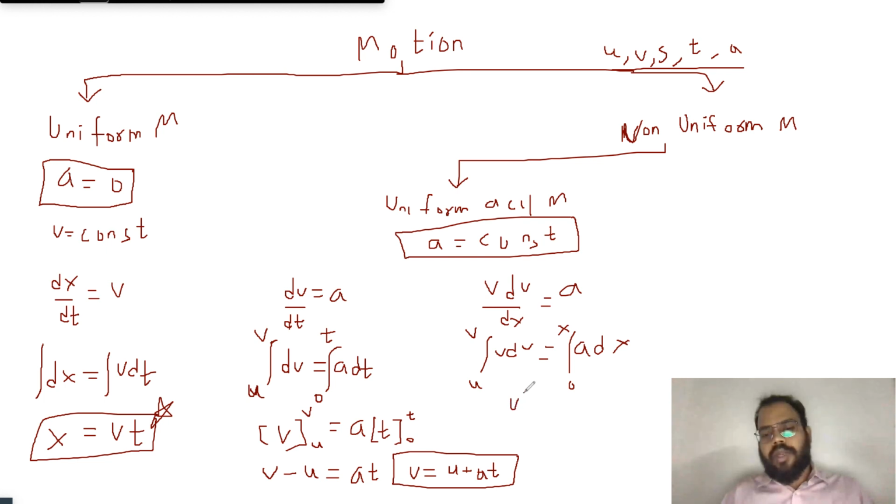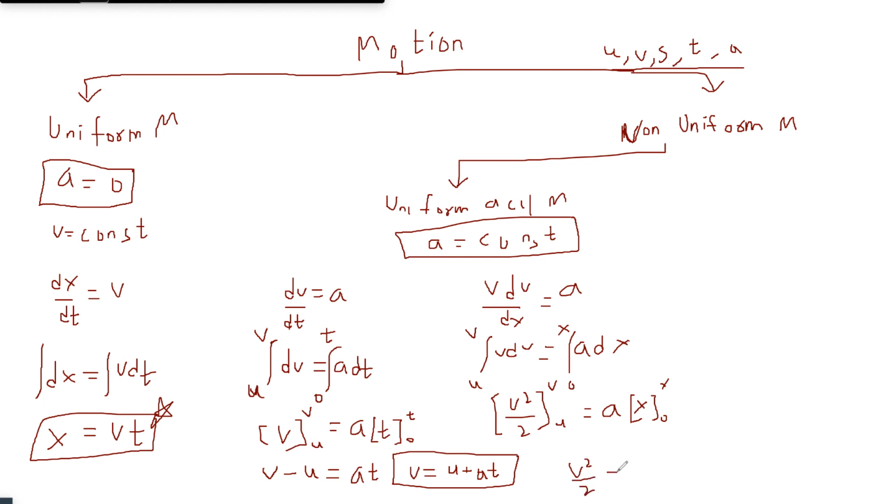So integration of v dv will be v square by 2. I have to substitute the limits, that is from u to v, and here, since a is out of the integral, it will be a, and integral dx is x. It will be from 0 to x. So this will be upper limit minus lower limit, therefore v square by 2 minus u square by 2 will be equal to ax.